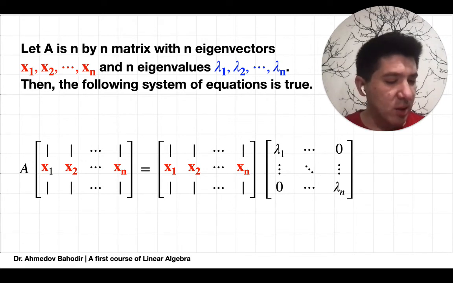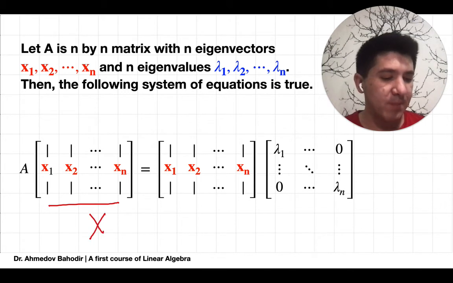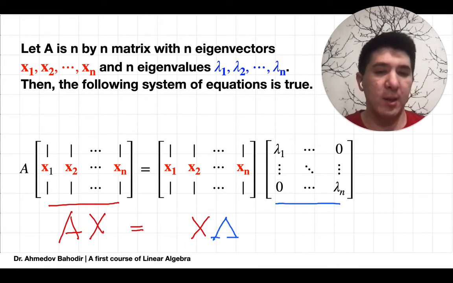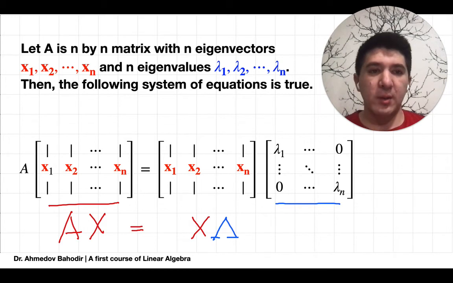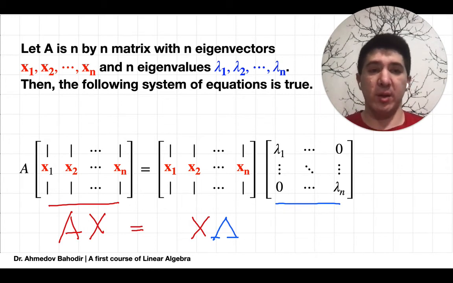So I'm going to denote the whole matrix with the eigenvectors as the capital X, and A times X is going to be equal to the capital X times this diagonal matrix, which is going to be denoted as the capital Lambda. Well, if all of the eigenvalues of this matrix are distinct, so they are different from each other, then all of the eigenvectors are going to be independent.